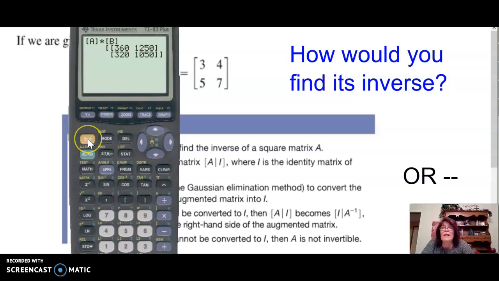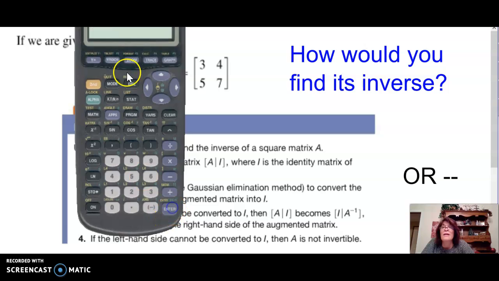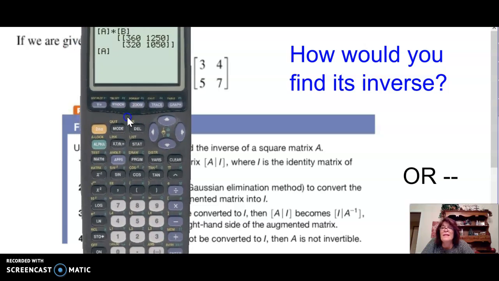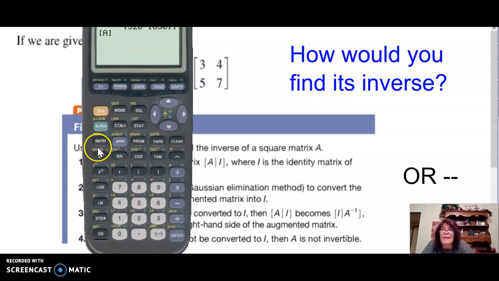To find the inverse, I just type second matrix, go to the matrix I want, which is A, and hit enter. And then the inverse button is right under matrix: X to the negative 1, which means inverse. It's the multiplicative inverse.